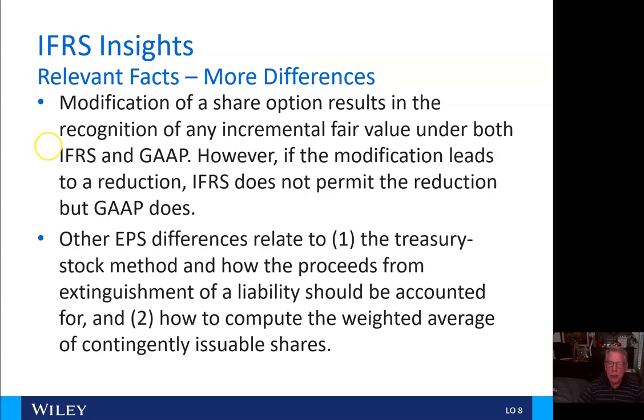Other earnings per share differences relate to 1, the treasury stock method and how the proceeds from extinguishment of a liability should be accounted for, and 2, how to compute the weighted average of contingently issuable shares.